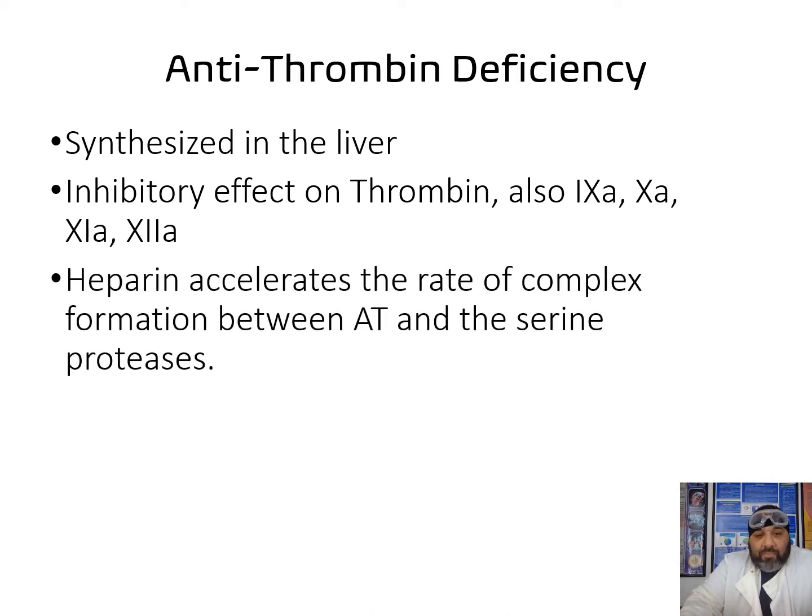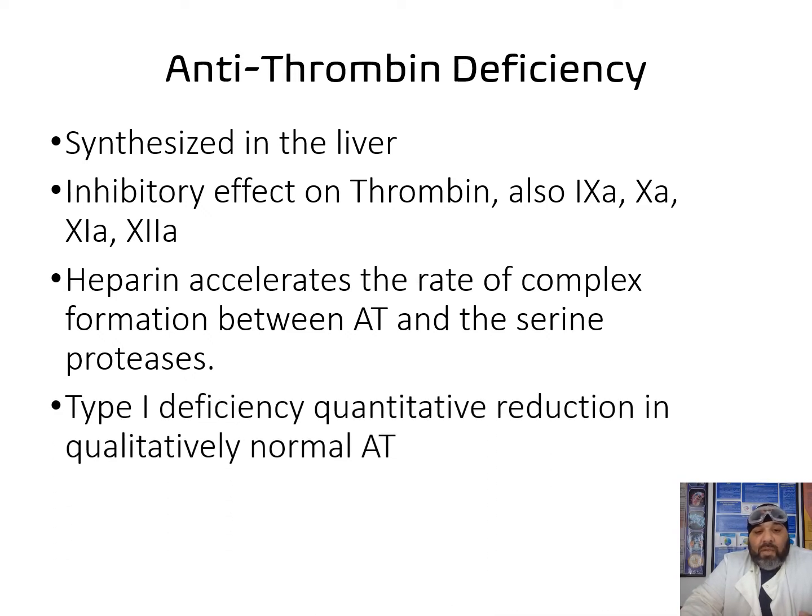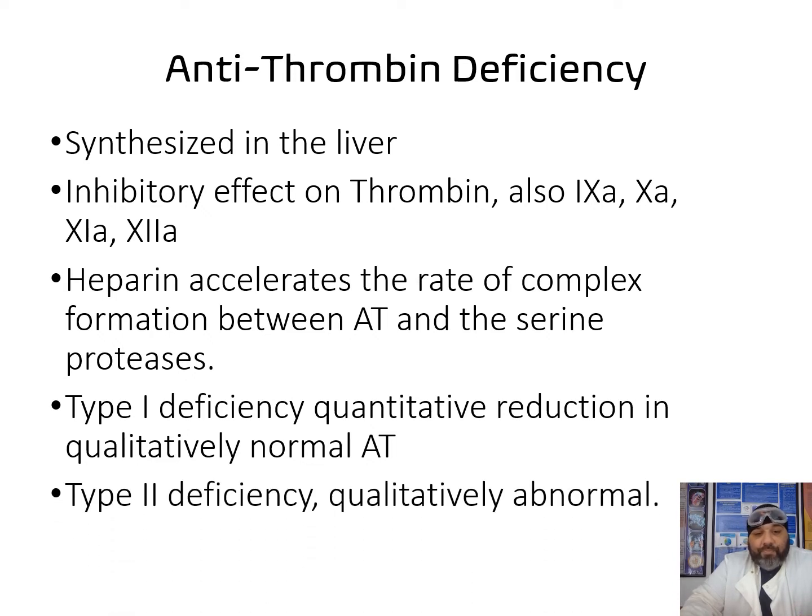Heparin also accelerates the rate of complex formation between antithrombin and serine proteases. Type 1 deficiency is a quantitative reduction in qualitatively normal antithrombin.